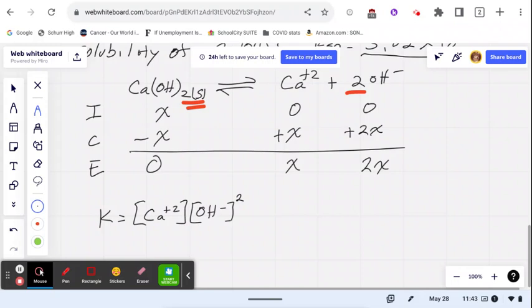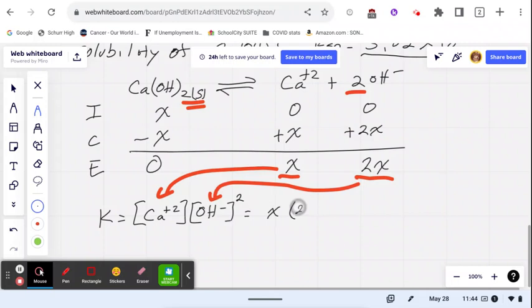Now let's take our calcium ions and plug that in where it belongs, and our hydroxide ions, plug them in right there. So we end up with X times (2X) squared. That's going to equal your equilibrium constant, which we said was 5.02 times 10 to the minus 6.